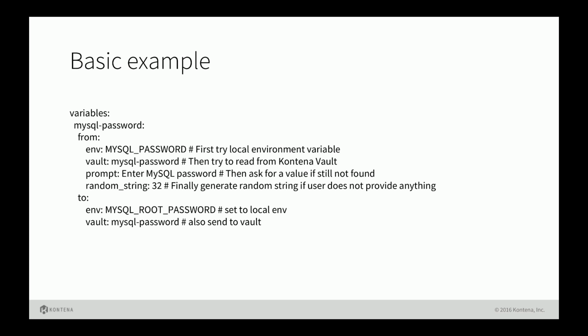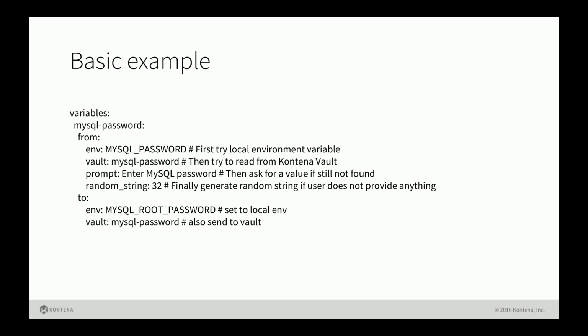Here is MySQL password. First, Kontena tries to find it from local environment variables. Then it tries to find it from Kontena vault. And if it's not found yet, then it prompts the user.